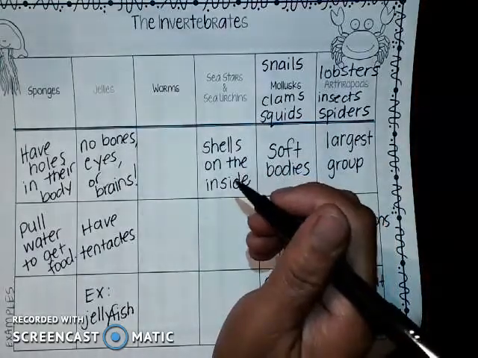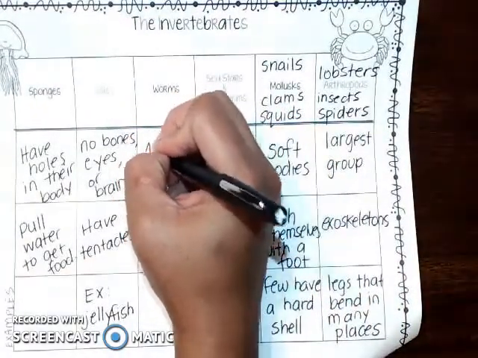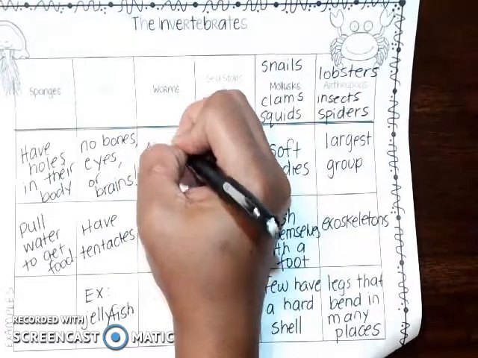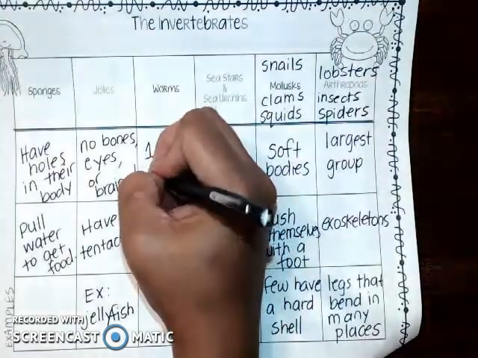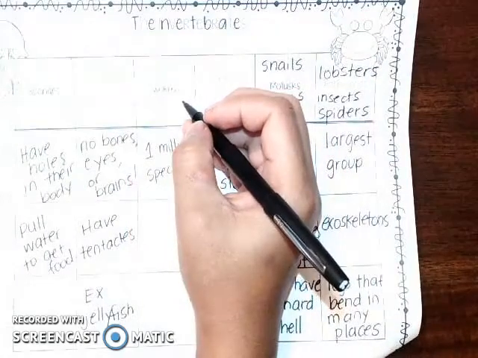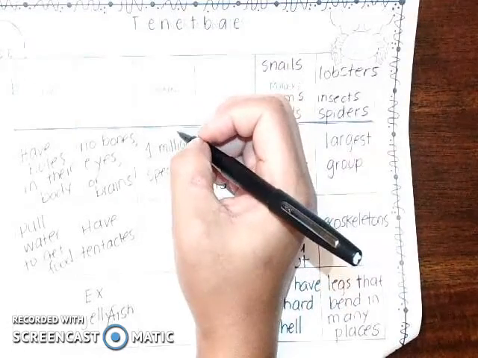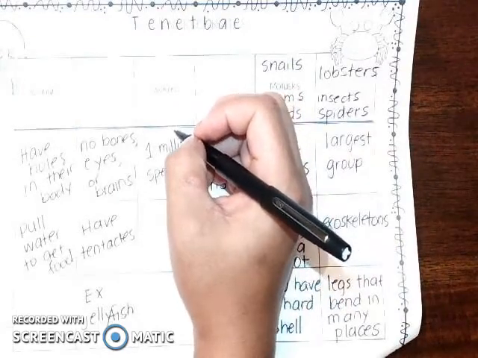So I heard some interesting information. I heard 1 million species. That just means that amongst all of the worms on Earth, there are 1 million different types of worms out there. That's a lot of worms.